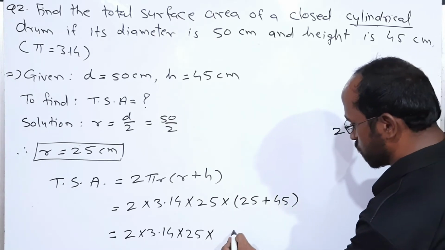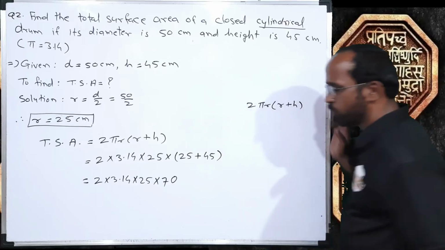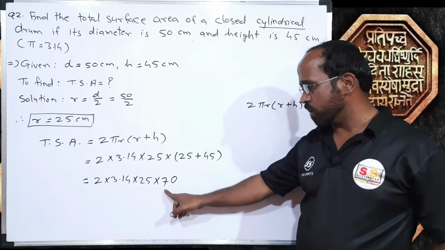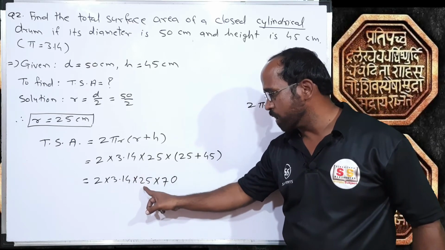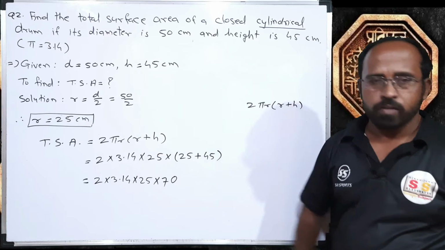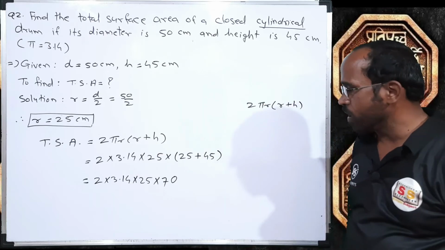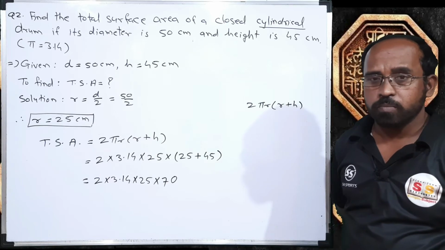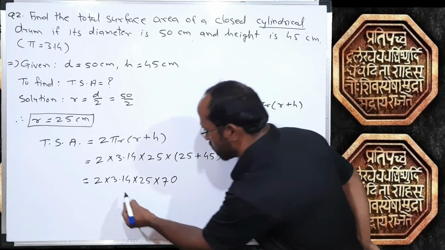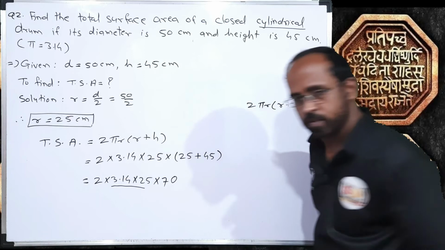that is equal to 5 plus 5, 0, carried 1, 4 plus 2, 6, plus 1, 7, 70. So 2 multiplied by 3.14 multiplied by 25 multiplied by 70. Now what to do? As per our strategy of multiplication, we have to multiply the bigger numbers first. So I am going to multiply these two numbers first.